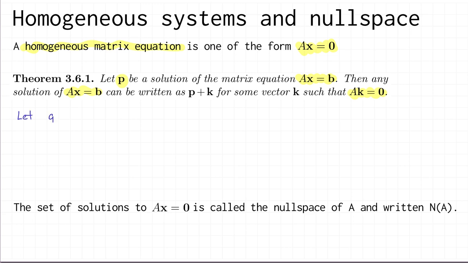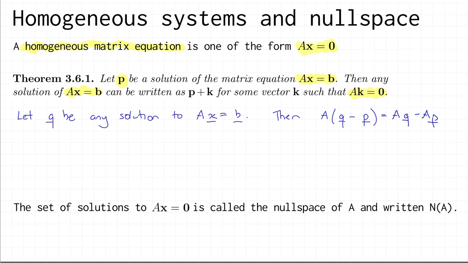So we'll let Q be any solution to AX equals B. Then if you think what happens to A times Q minus P, what do I get when I do this? Well, I know there are some rules which allow me to just multiply this out and say that this is A times Q minus A times P. We looked at the properties of matrix multiplication, and that was one of them.